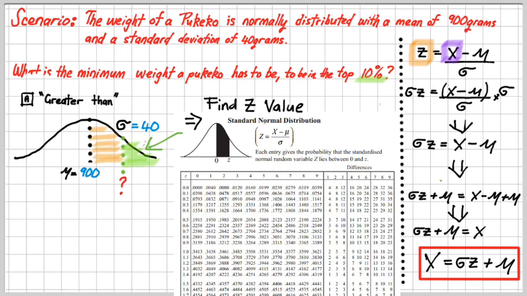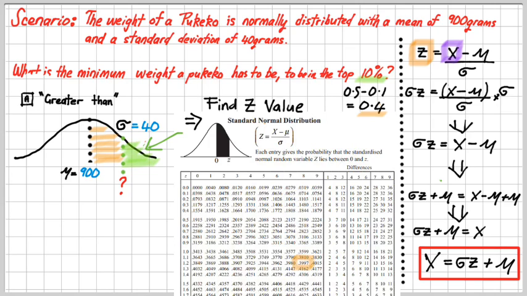Because if you look at the sketch in the actual table itself, it only shades in or considers the probability between the mean and a value. Okay, so what I have to do here is take 0.5, which is 50% of the distribution, and take away the 10%. And what I'm left with is the 0.4. So the 0.4 is the probability there in the orange, or the orange shaded area.